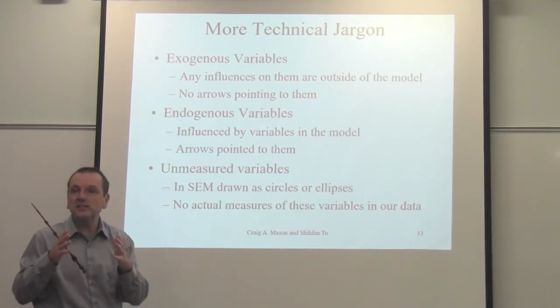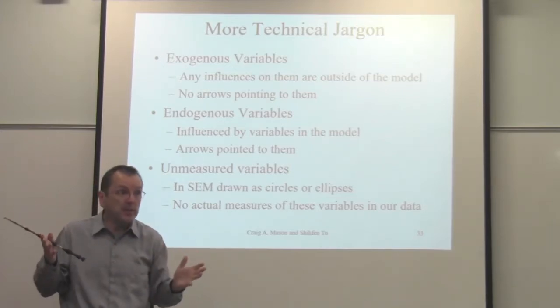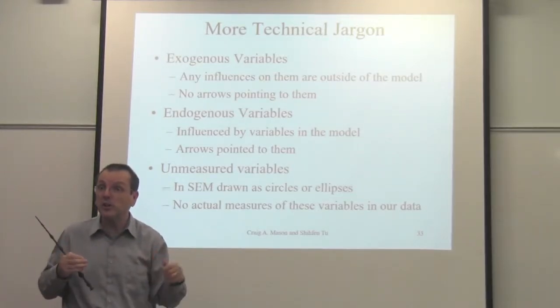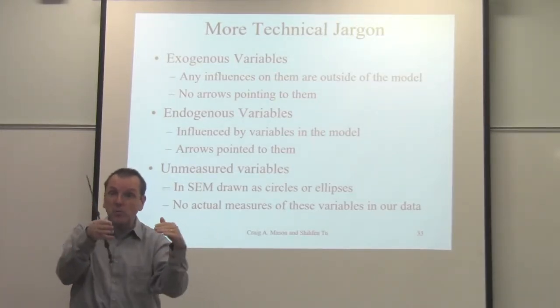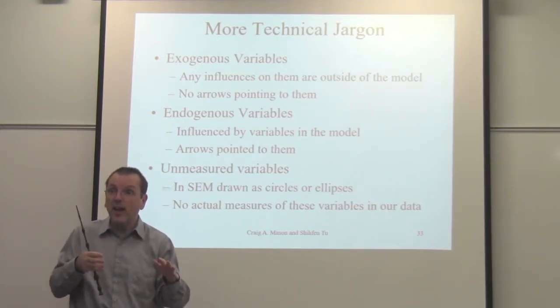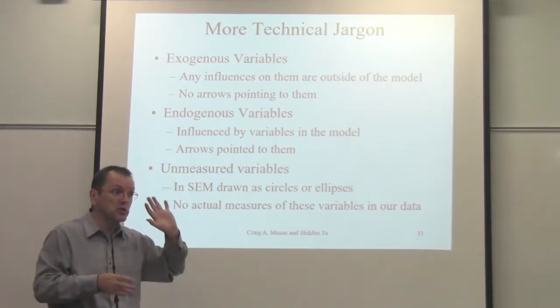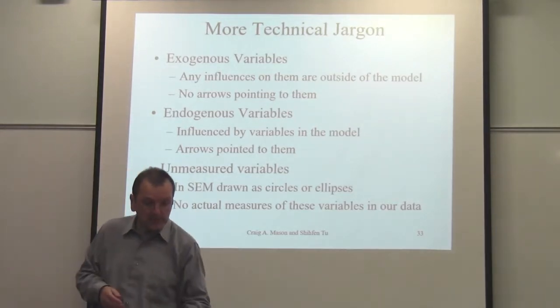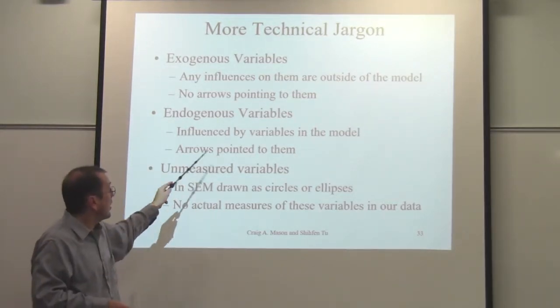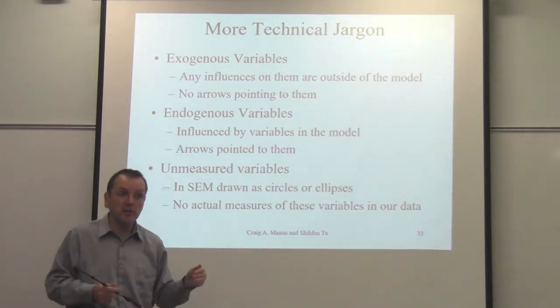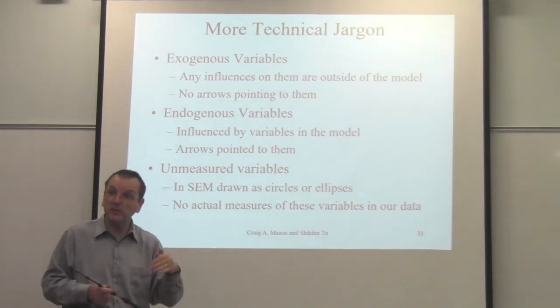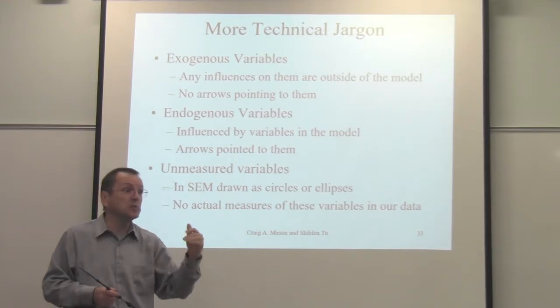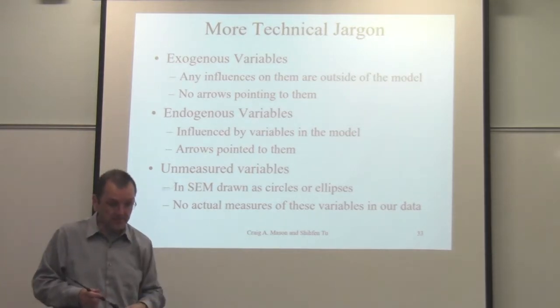There might be things influencing mom's education, but my data has no arrows pointing to mom's education. Anything influencing mom's education is not in my data set, not in the model. Endogenous variables, versus that, are influenced by other variables in the model. Mom's education influenced our studying, so our studying is endogenous.